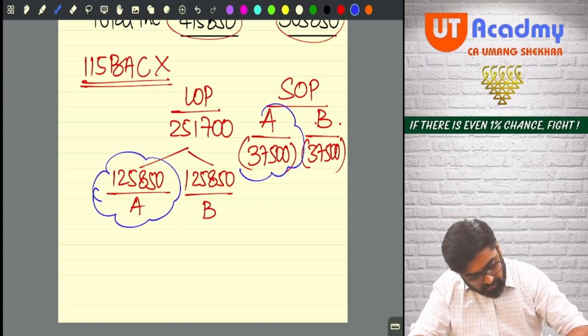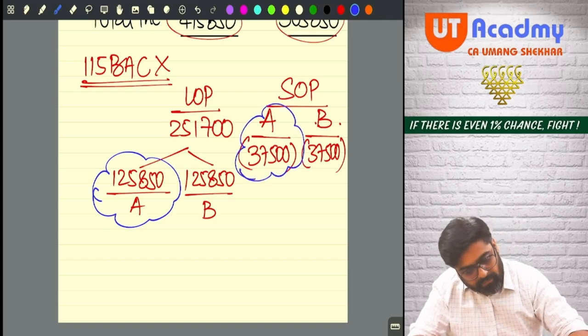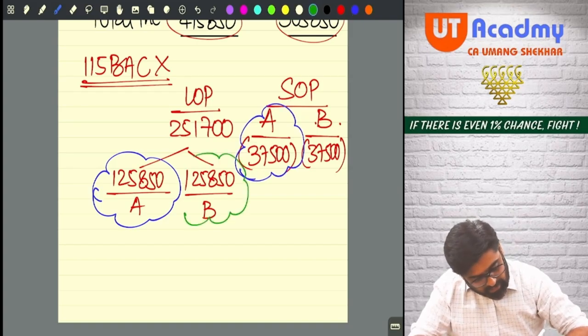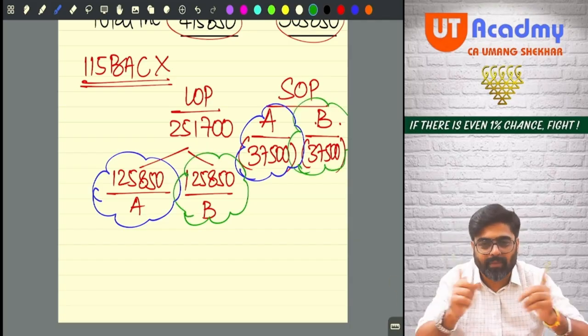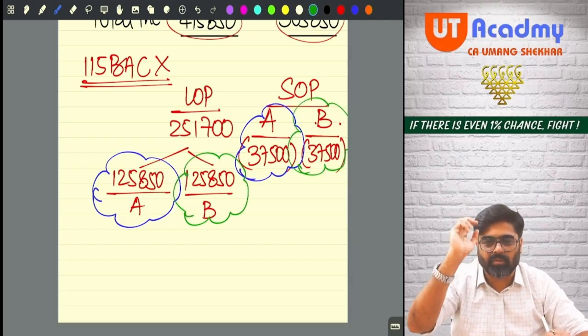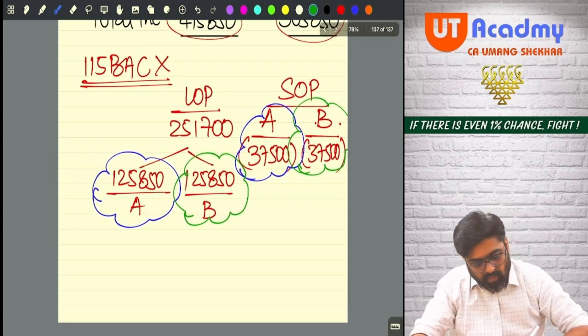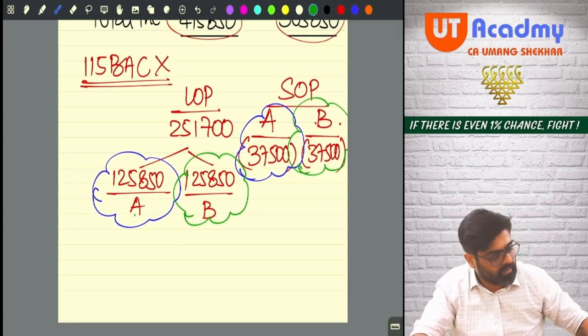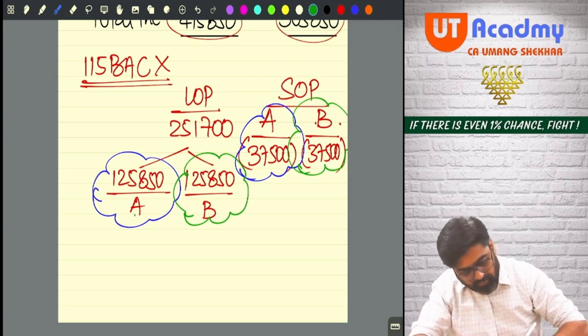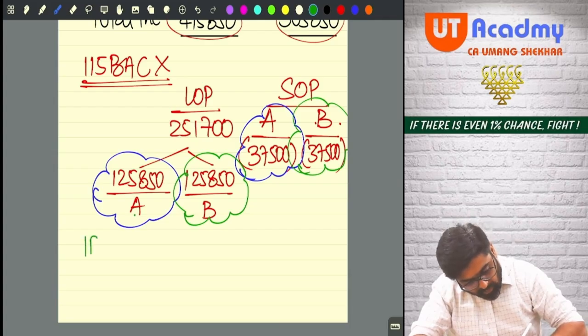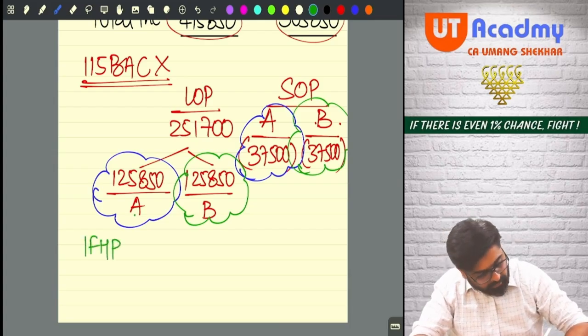Can you match? You will get the income from house property. Find out. Do it fast. 125,850 minus 37,500. You will get 88,350. So income from house property for Arun will be 88,350 and for Bimal also it will be 88,350.